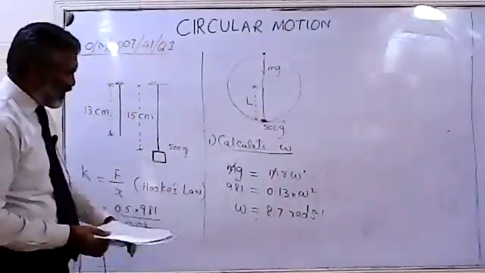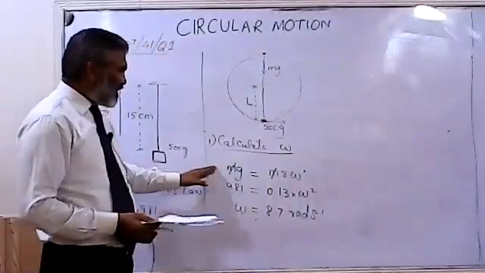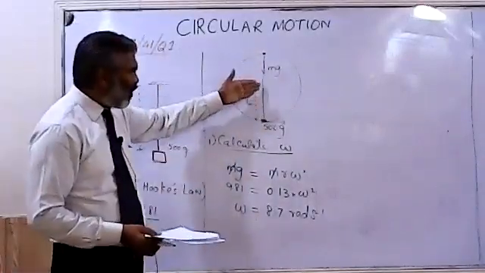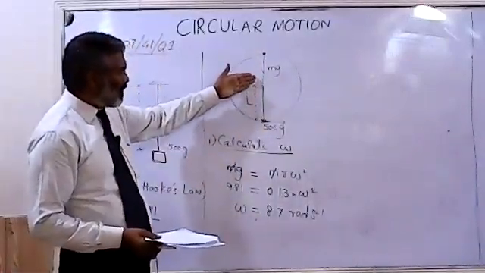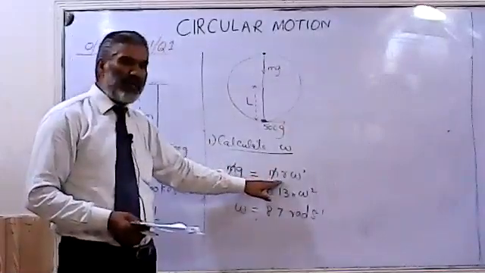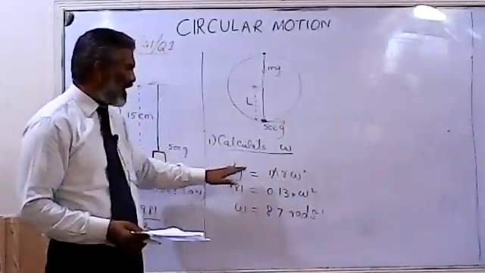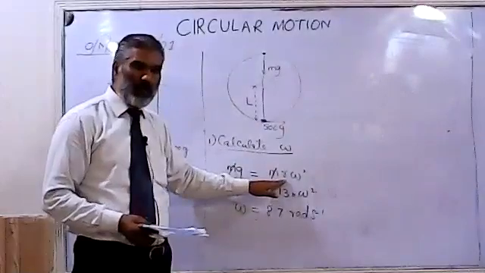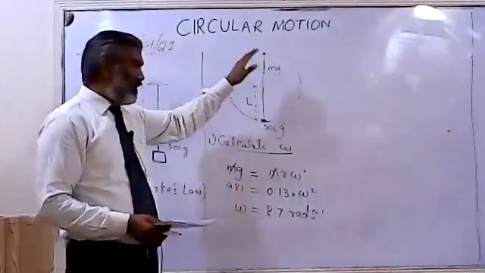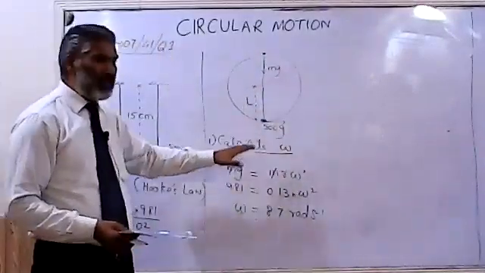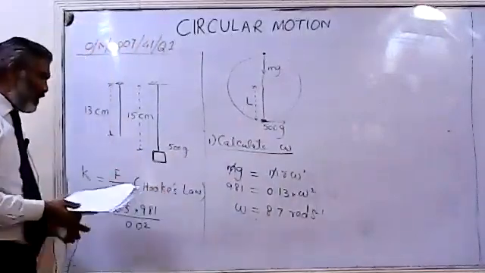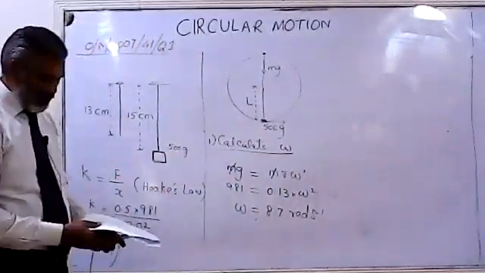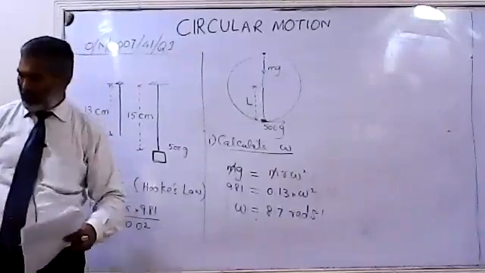So at this position, tension is taken 0, so weight alone is providing the force needed as the centripetal force. So mg can be equated to m r omega square at the top. Obviously, at the bottom, the things will be different. And now we are coming to that part of the question.